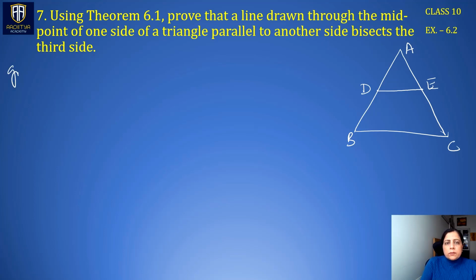So what is given to us here? This is basically the converse of the midpoint theorem that we have to prove by using the basic proportionality theorem. You had learned this theorem in class 9. It says that if a line is drawn through the midpoint of one side, let us assume that D is the midpoint of AB in triangle ABC.